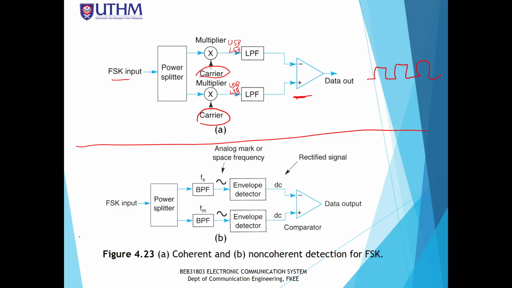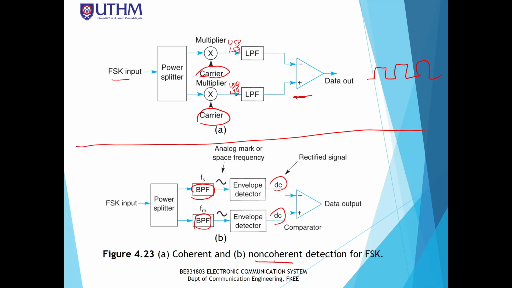And for picture B, this is a non-coherent detection, where we are not using the carrier information to do the demodulation process. Instead, we are using 2 bandpass filters to select the space frequency and also the mark frequency. Then we put it inside the envelope detector, and it's going to produce a DC voltage output.